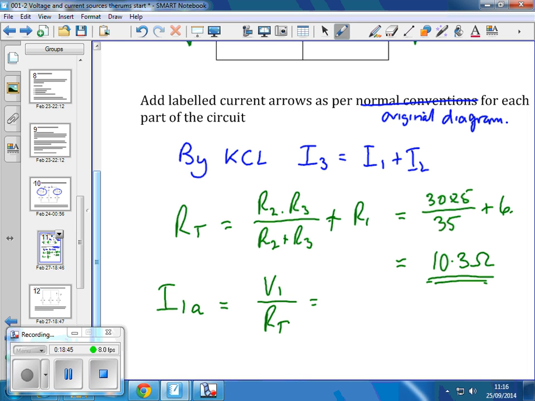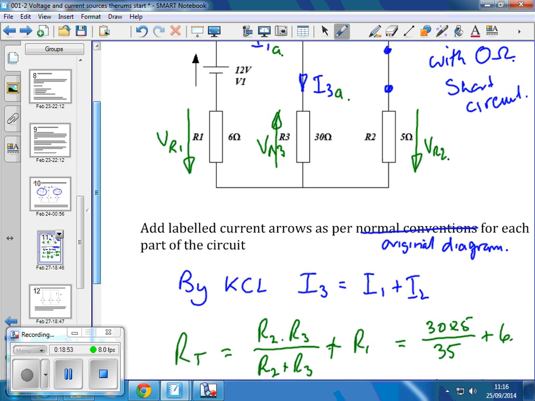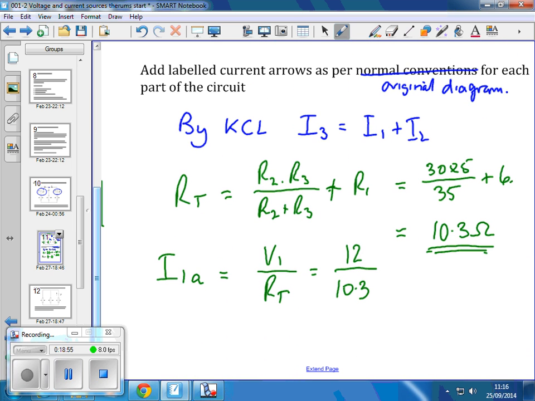What was that voltage? 12 volts? So I1A is 1.16 amps.